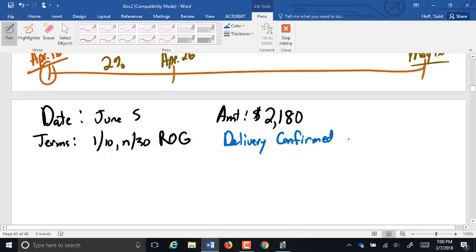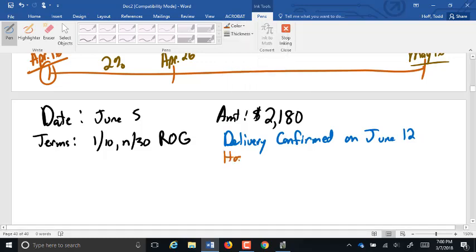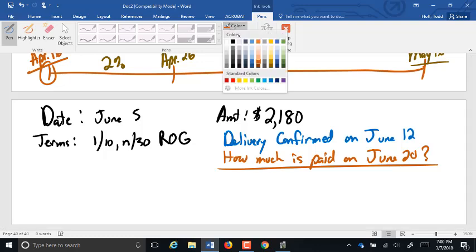Delivery is confirmed on June 12th. How much is paid on June 20th? So if paid on June 20th, how much do they pay?